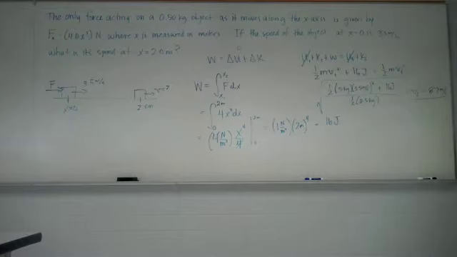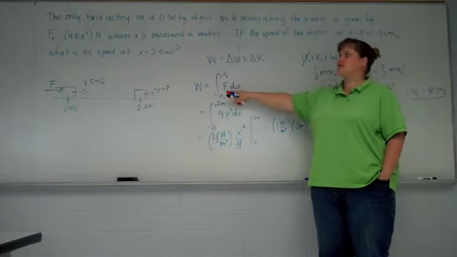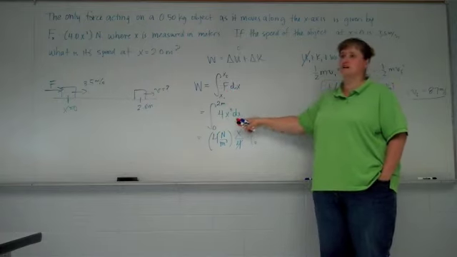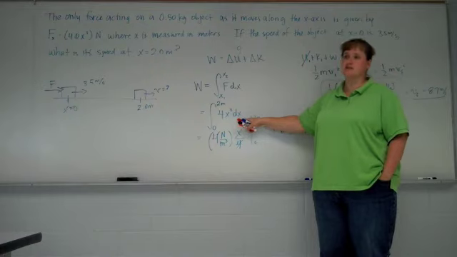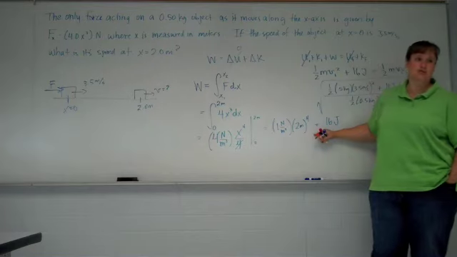So please keep in mind, if force varies, which you'll know because you'll be given a function, then you need to integrate it with respect to position. When you integrate it with respect to position, that gives you the work.